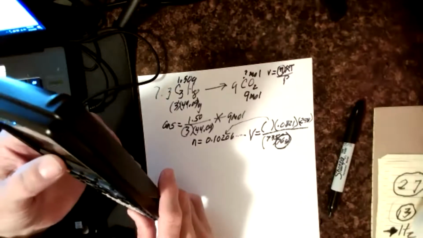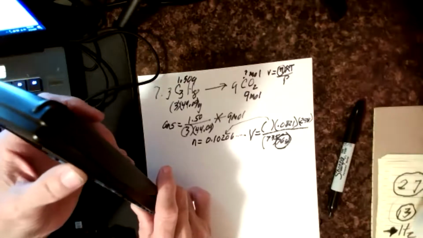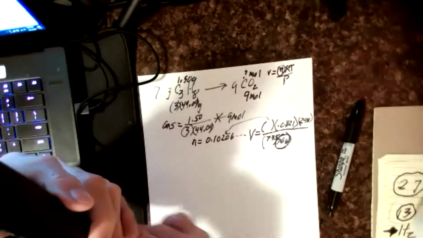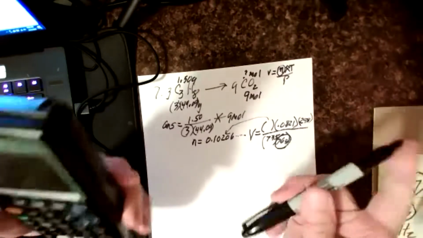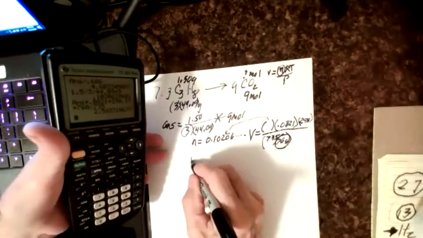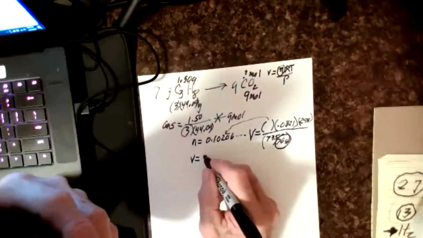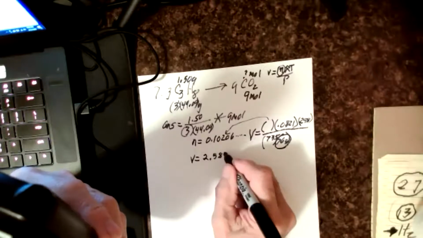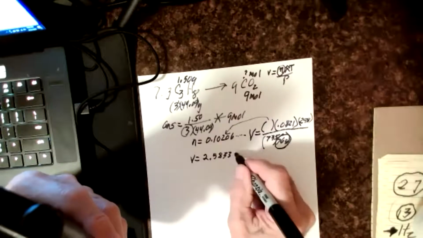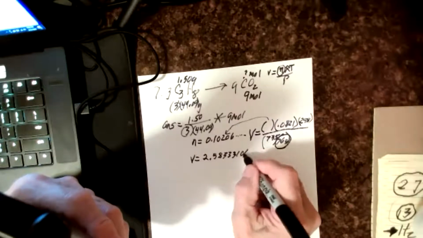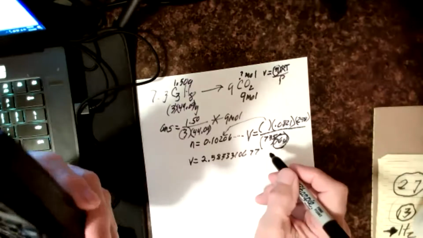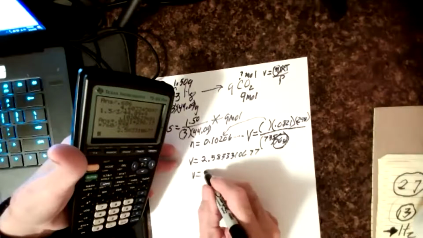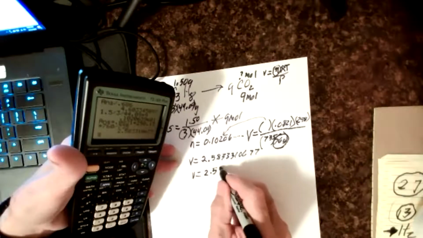So 0.0821, 298.15 times 760 divided by 735. My calculator is saying 2.5833310677, and the volume is going to be, I get 2.58.